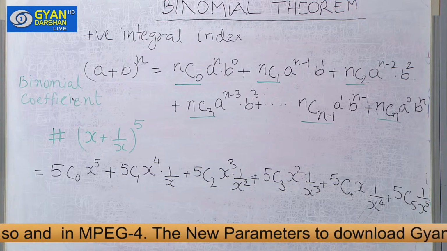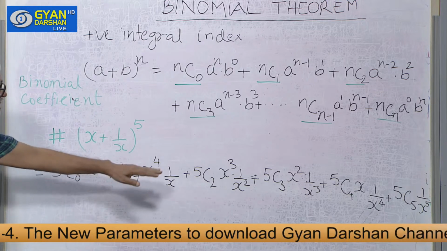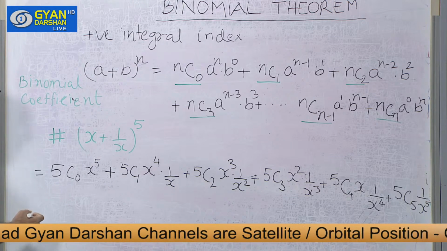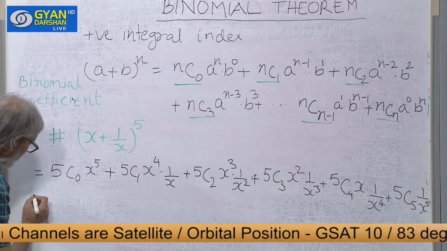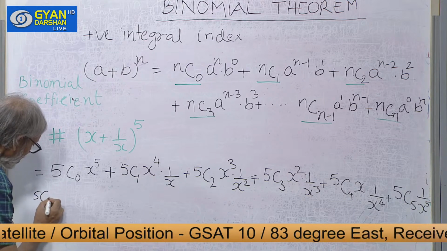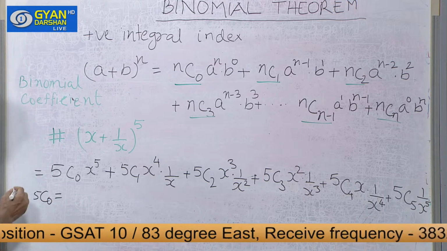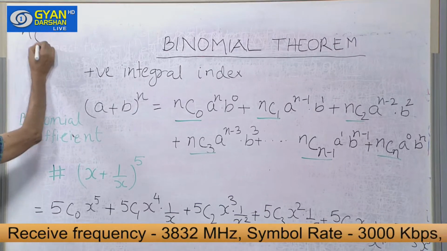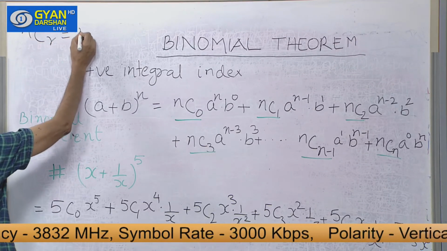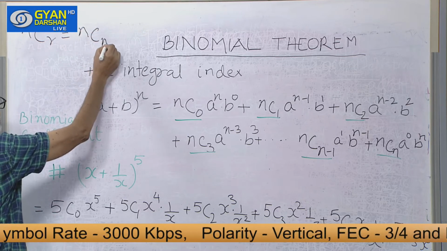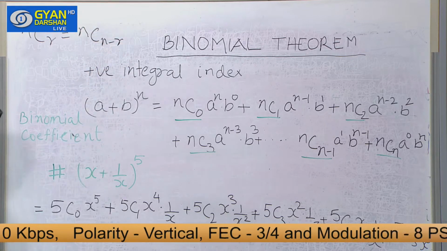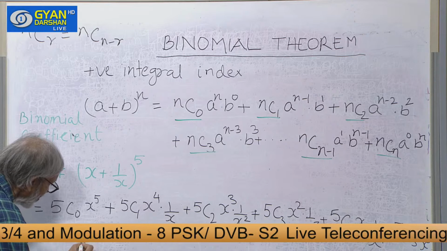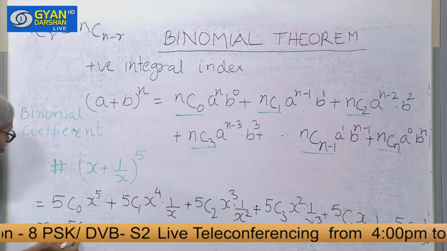Now, you can calculate 5C0, 5C1, 5C2. It is easy. 5C0 will be equal to, yesterday we calculated that nCr is equal to nC(n-r). We proved it. So, 5C0 will be equal to 5C5, which will be equal to factorial 5 upon factorial 5.